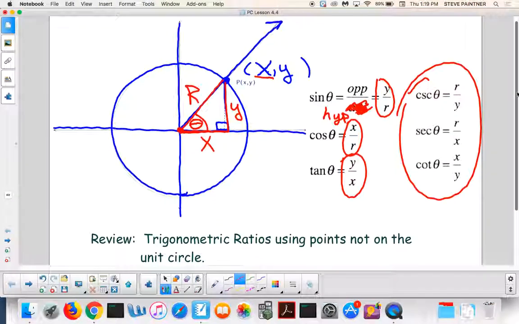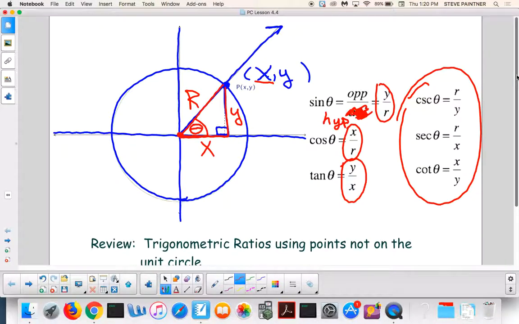Okay, so can I go back here and ask you this? I tried to stress this one yesterday: if you want the point on the circle, all you have to do is find x, y, but x turned out to be what again? Cosine of theta, yep. And then the y turns out to be what?